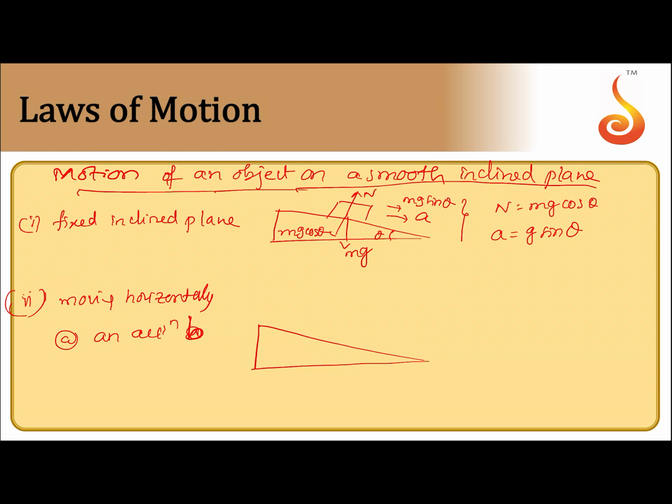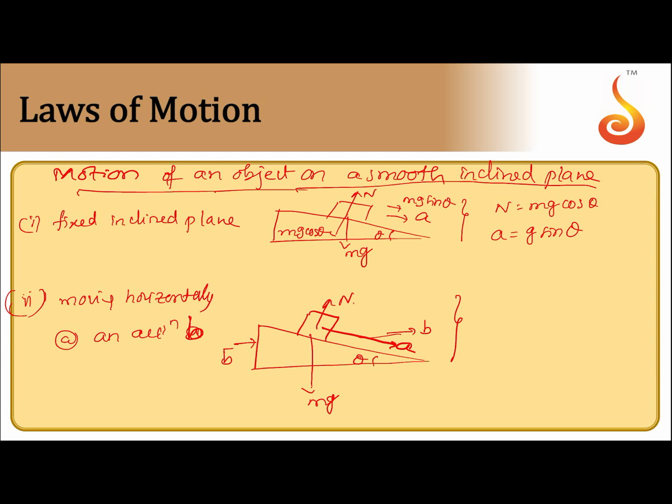So observe that this is accelerating at an acceleration b, and again the same block, same setup, theta, N, right? Your mg is vertically down and this is accelerating down at an acceleration a. Remember, this is accelerating at b towards right.